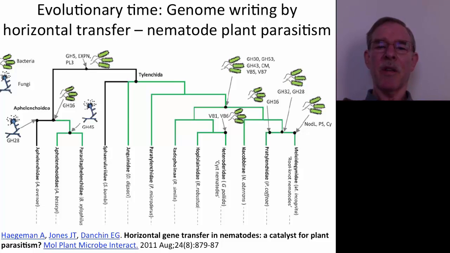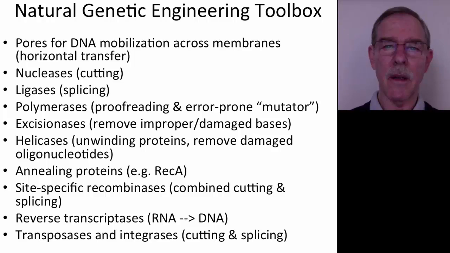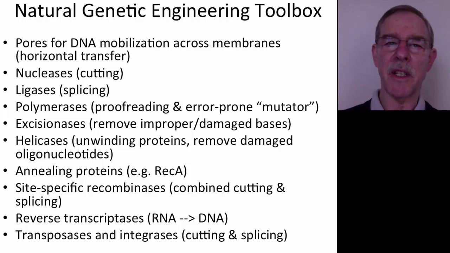And we know that animals and plants, both of them, can acquire DNA sequences from microorganisms and indeed from each other as well. After horizontal transfer, the transferred DNA has to be integrated into the genome.